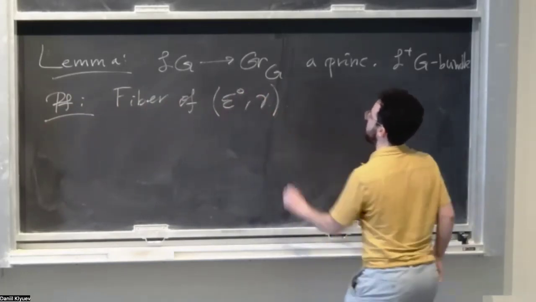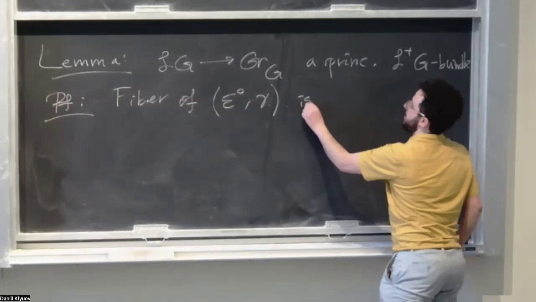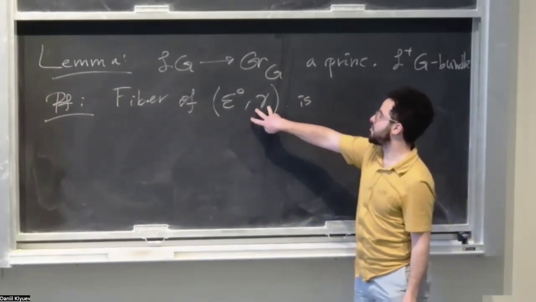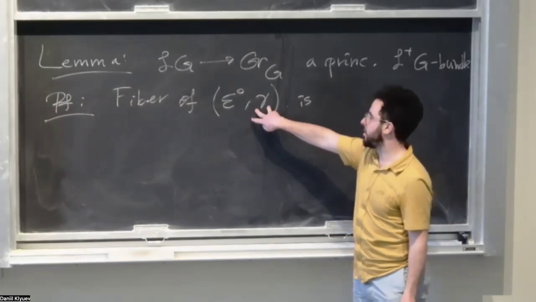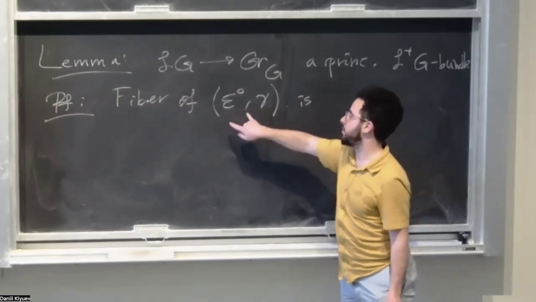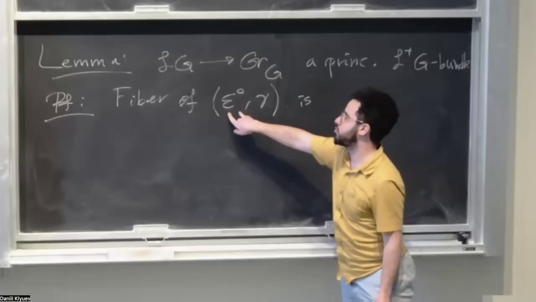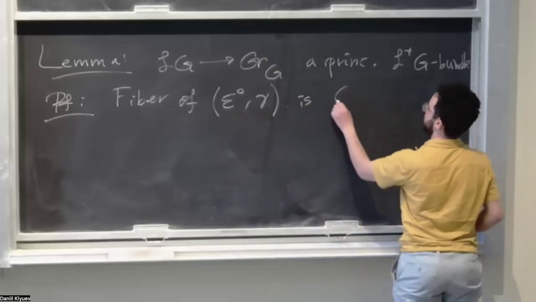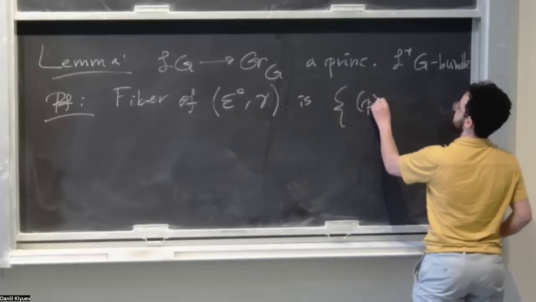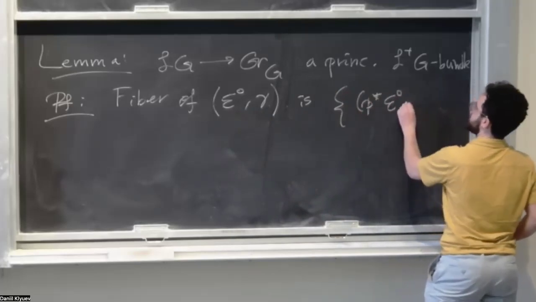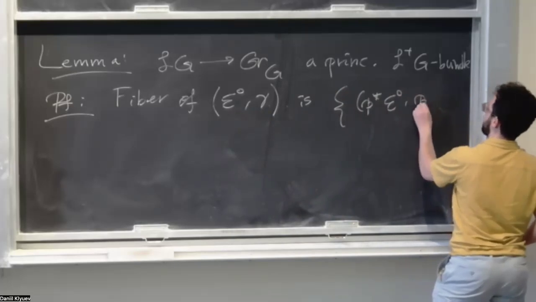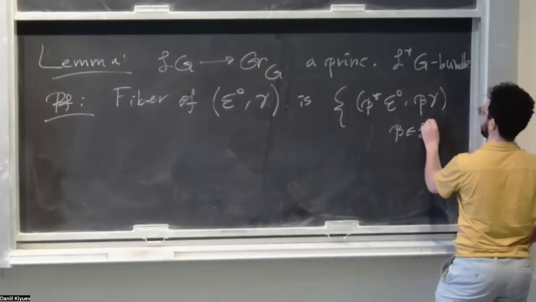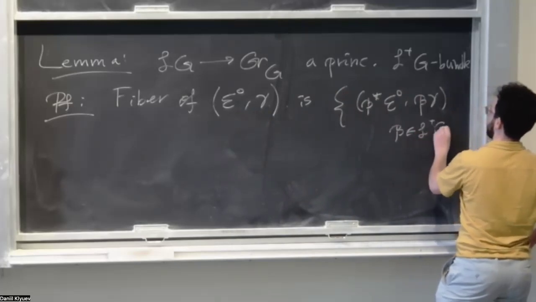In the fiber, there are going to be other choices of trivializations, but if I'm changing the trivialization, I have to change the bundle so that I will end up with the same thing. So the collection is 0, and then betas for beta positive.